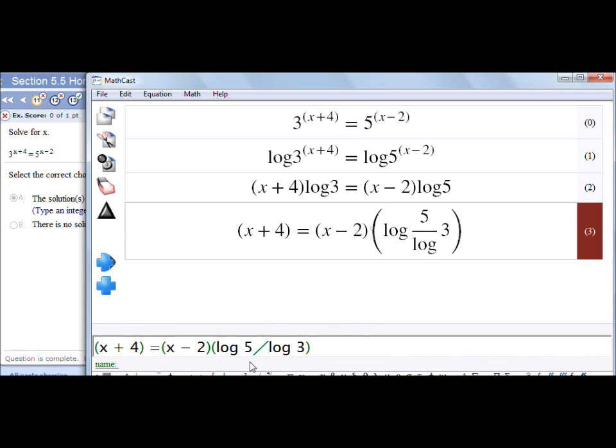Oops, one more time. I needed to put it in parentheses. Okay.